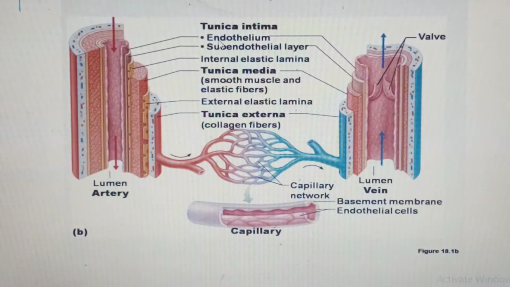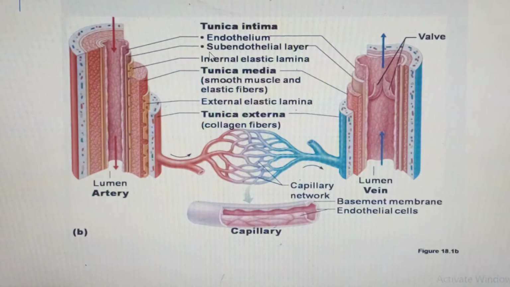But let me tell you something about this endothelium. This endothelium is very important because it makes some secretions. Some secretions will include collagen, so the collagen fiber that we're going to see in the connective tissue could be contributed by the endothelial cells.